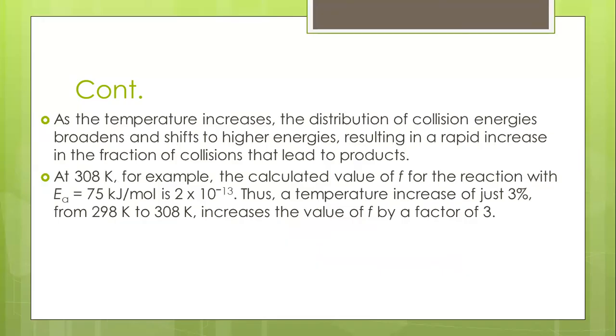Thus, a temperature increase of just 3% from 298 Kelvin to 308 Kelvin increases the value of f by a factor of 3. Collision theory therefore accounts nicely for the exponential dependence of reaction rates on reciprocal temperature.